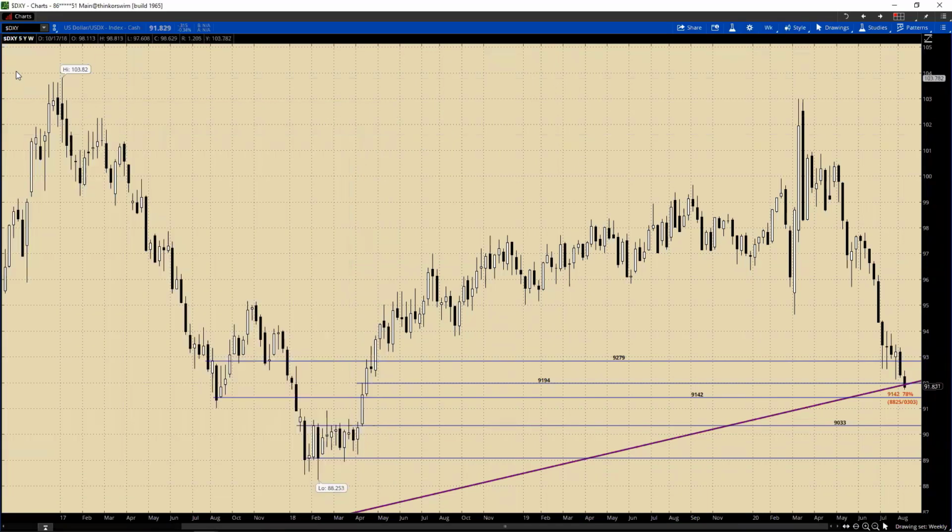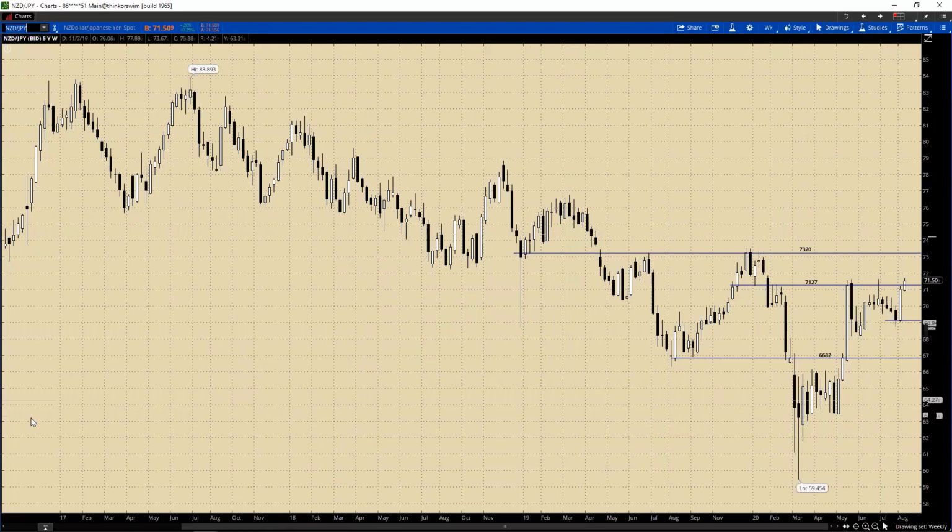Okay, now let's go and move into the cross rates. Same thing here as all the other pairs, we covered all weekly charts yesterday, with the exception of Euro New Zealand. That one had not moved, so we were able to still maintain looking at it on a daily.